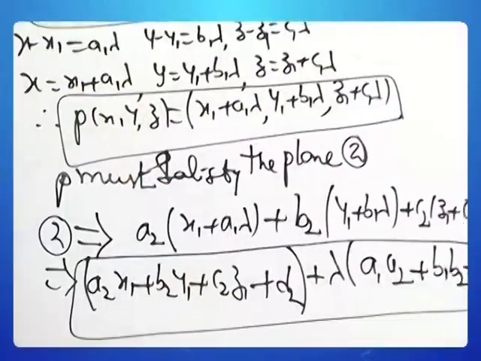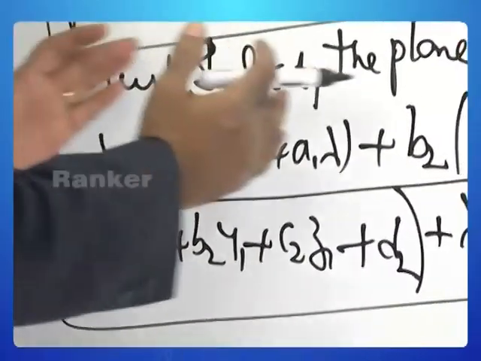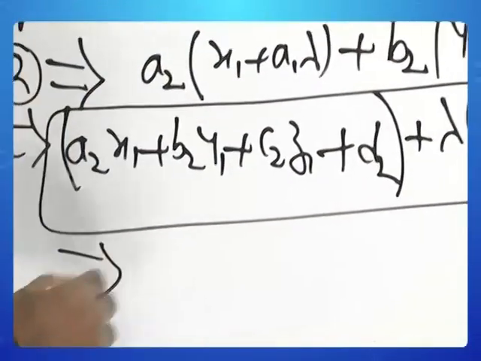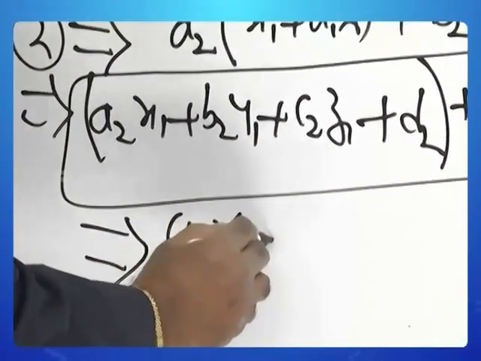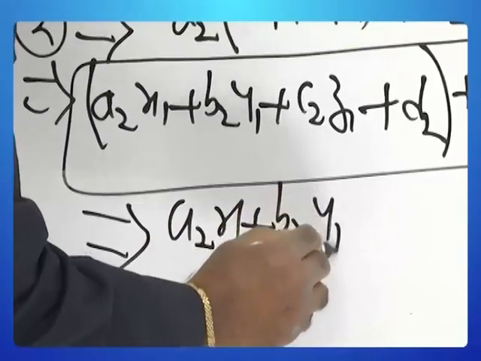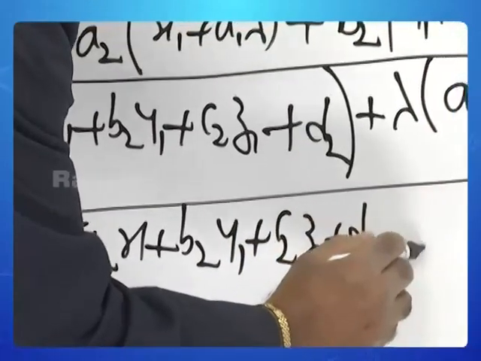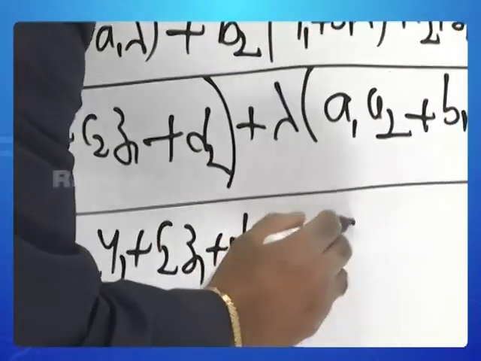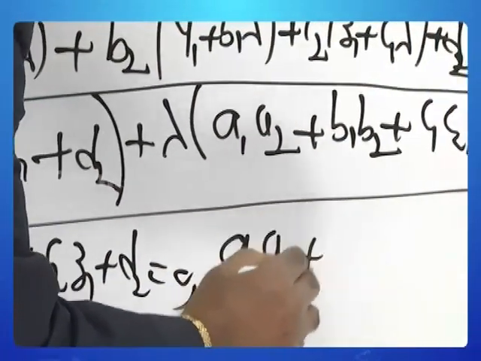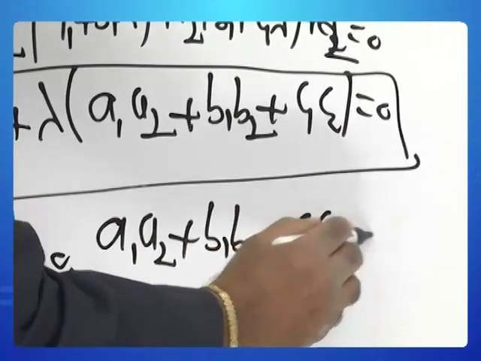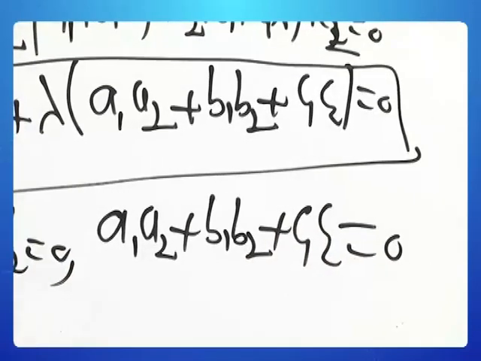Identity in the sense LHS must be equal to RHS, which implies I can write a2x1 plus b2y1 plus c2z1 plus d2 is equal to 0, and a1a2 plus b1b2 plus c1c2 is equal to 0.